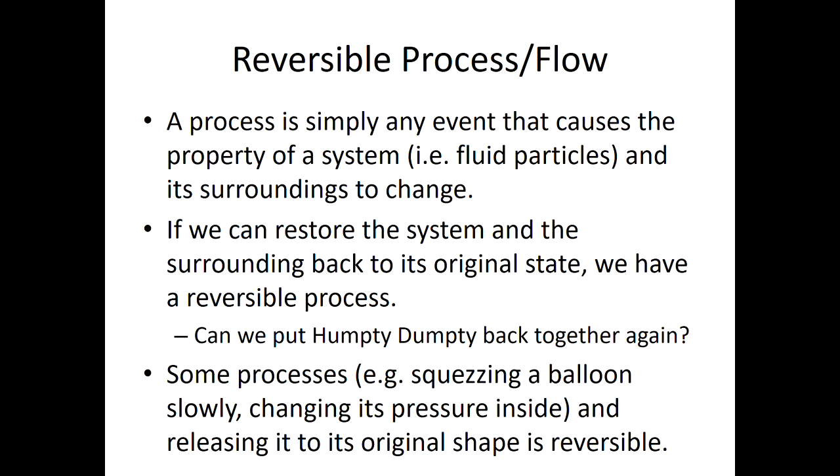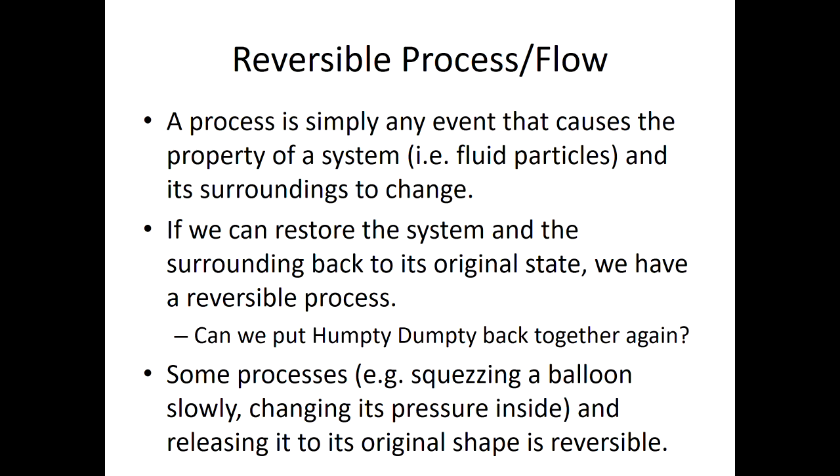As I mentioned earlier, if you have no heat addition, it's called an adiabatic flow. If the process is reversible, that means you can bring the system, that means our particles, and the surroundings, which is the environment, back to its original state. This is what happens when an airplane is flying in subsonic flow. A molecule starts at one pressure, velocity, density, outside the boundary layer I'm talking about. It flows past the airfoil.